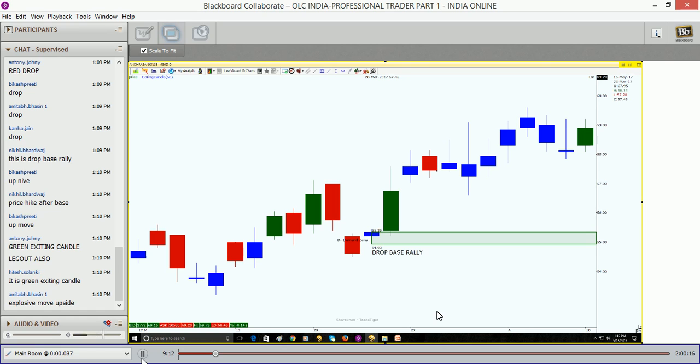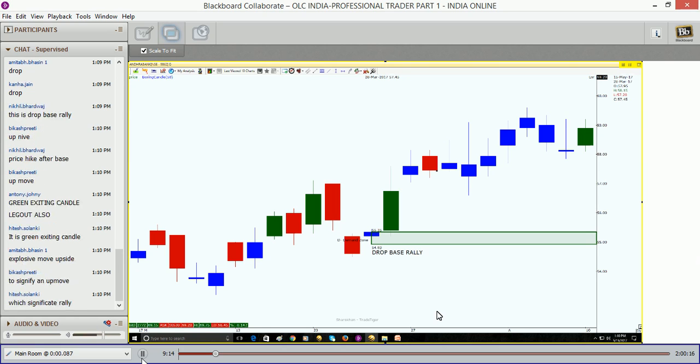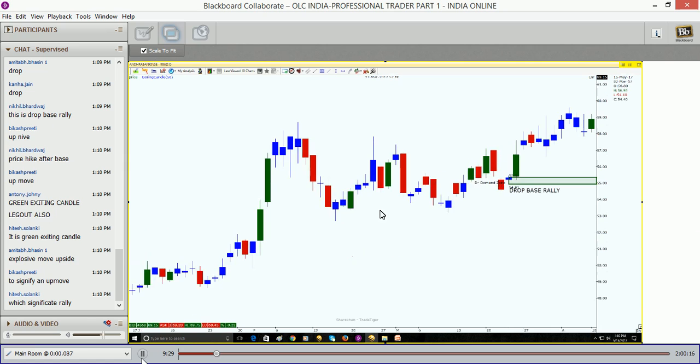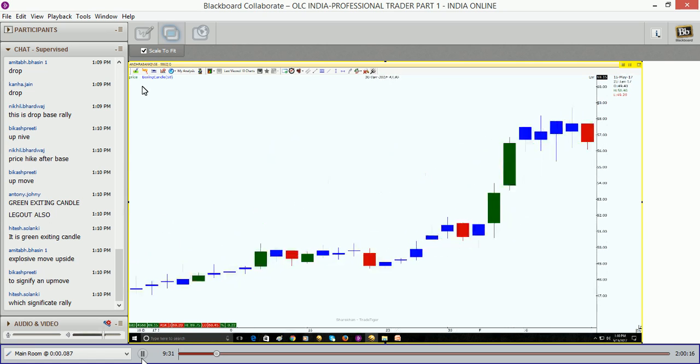Because the move is to the upside and it is green in color. You're absolutely right. Because it is green in color and towards the upside. Absolutely right, guys. Which signifies a rally. Okay, let me give you another example. What will this be called?